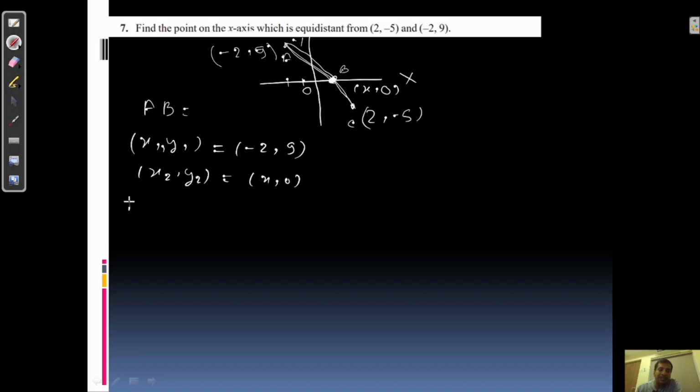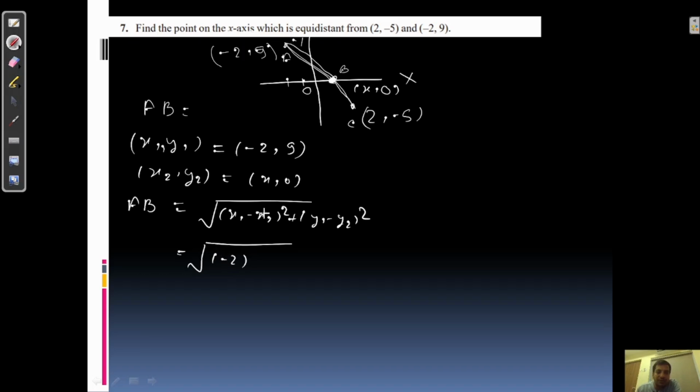We are applying the distance formula directly, so I will write the formula: square root of (x1 minus x2) whole square plus (y1 minus y2) whole square. So let us do one thing, solve it. The value of x1, as you can see, is minus 2. The value of x2 is x.